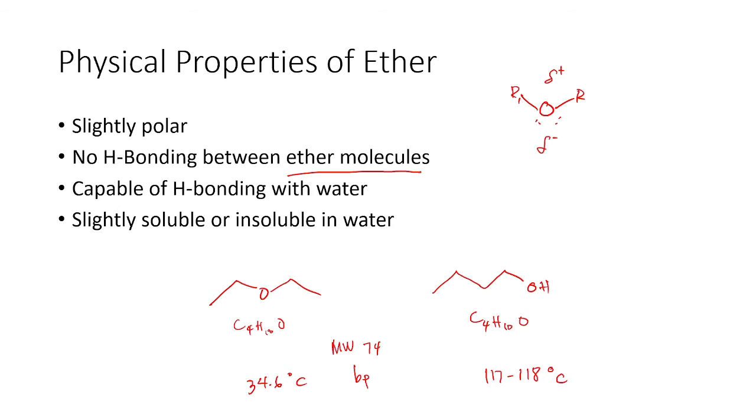And kung i-compare natin, actually, to sa medyo katulad nila ng molecular weight, yung ating pentane. Okay? Ang pentane ay may molecular weight na 72 at ang kanyang boiling point actually ay 36.1 degrees Celsius.